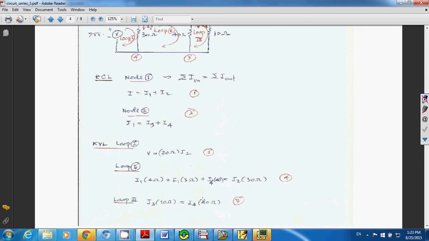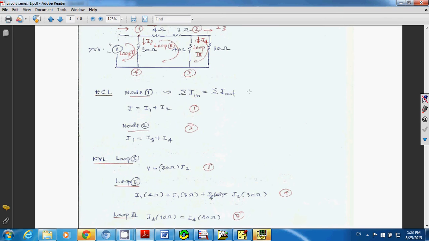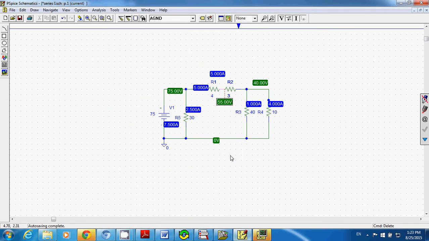What I want to point out is that when you set up equations, sometimes you waste your time because you set up the wrong equation. And when you have the wrong equation, of course you're going to have the wrong result. That means you're going to have wrong I1, I2, I3, I4. So that's why I mentioned practice here.